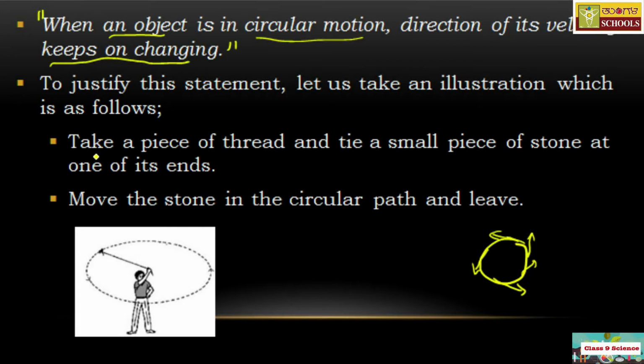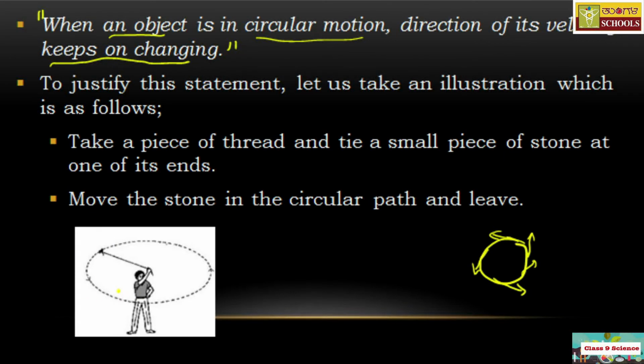Take a piece of thread and tie a small piece of stone at one of its ends. The other end is free. So move the stone in a circular path and leave it.